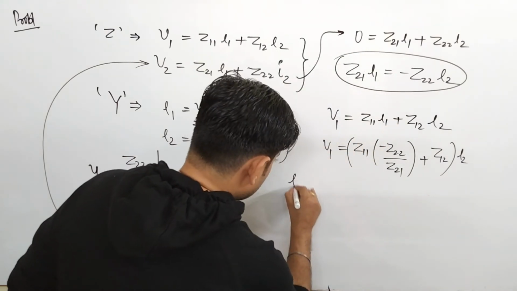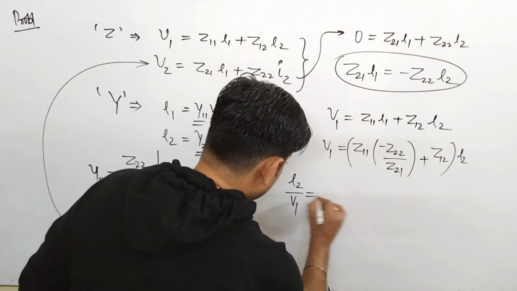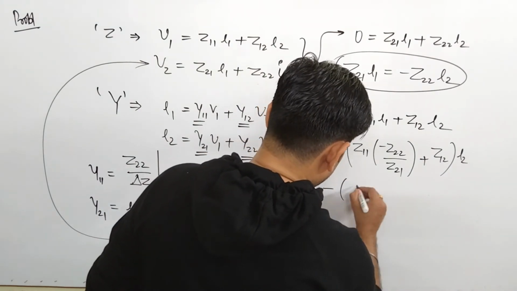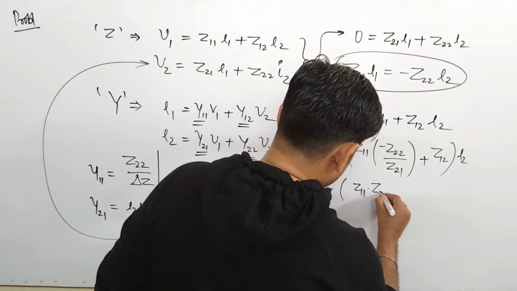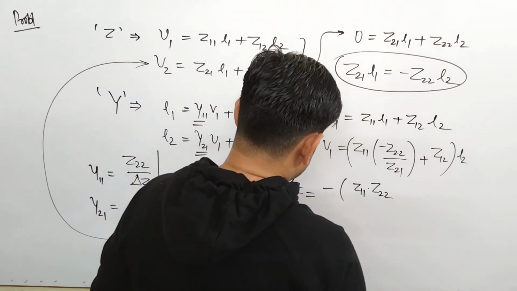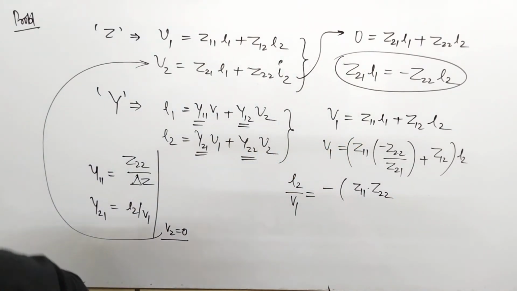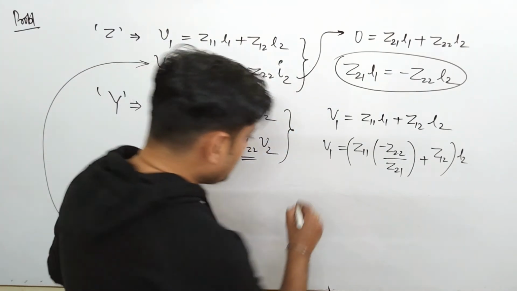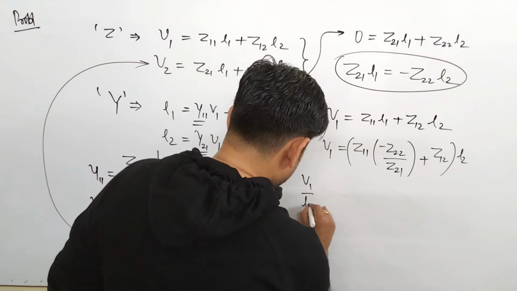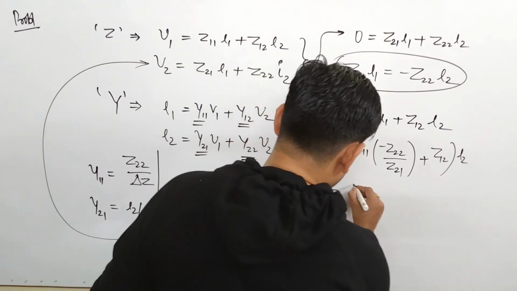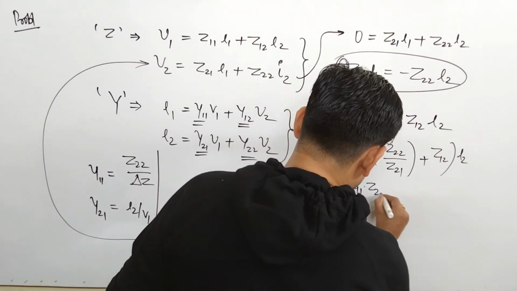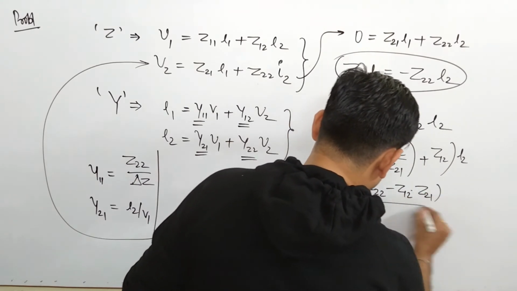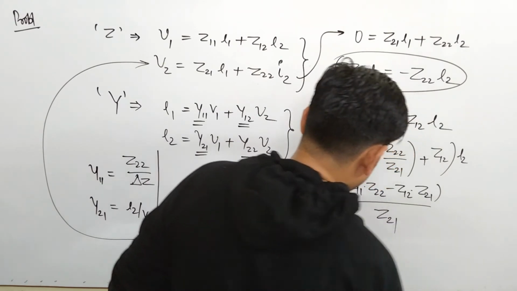So V1 upon I2 is equal to minus, Z11 into Z22 minus Z12 into Z21, in one bracket, divided by Z21.